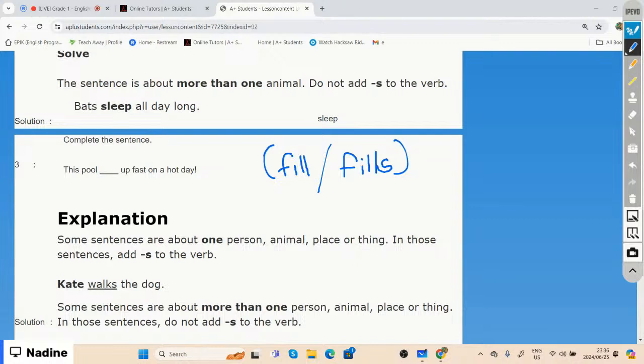Which one is correct? Fill or fills? This pool, it refers to one pool.